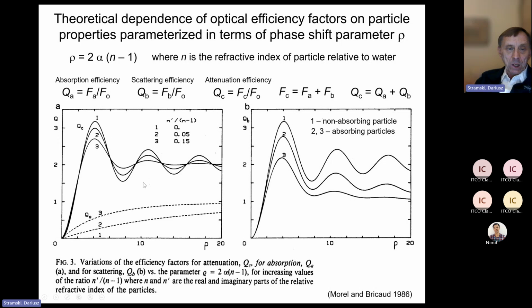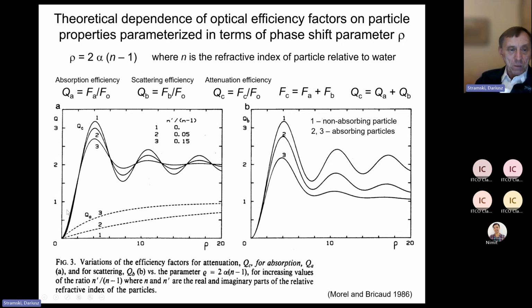What we see here is that initially the efficiency factor for attenuation, which is both absorption plus scattering, increases rapidly with increase in ρ, achieves the first maximum and then oscillates and tends to reach an asymptotic value of 2 for large values of ρ.